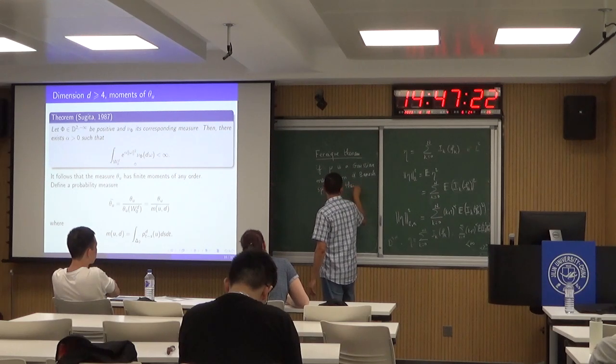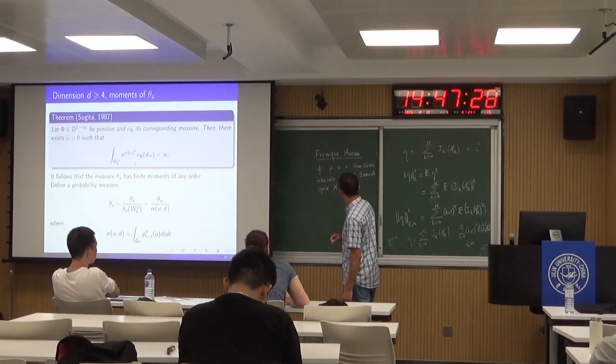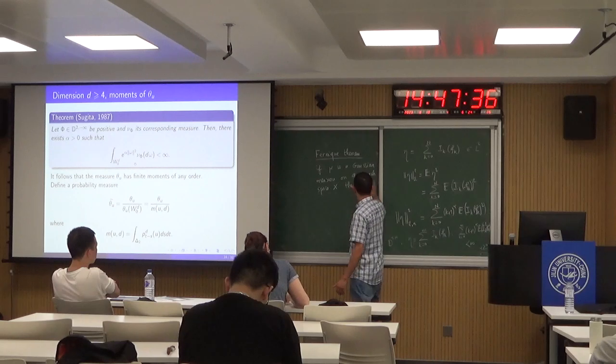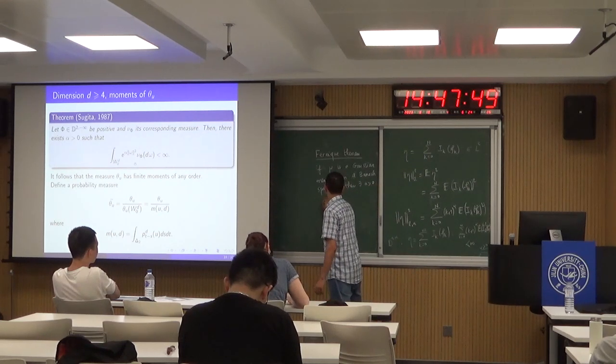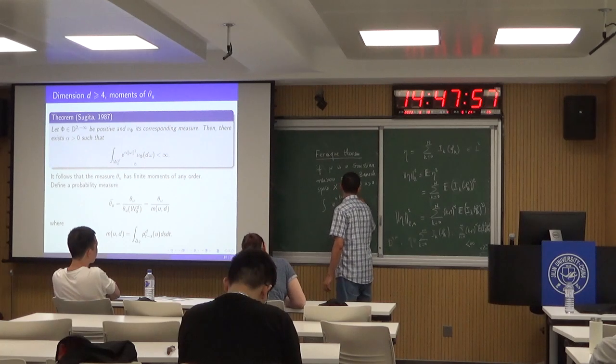For a measure, we need a measurable structure: a Banach space equipped with its Borel sigma-algebra. So if we have such a measure, then we can find a constant alpha such that the integral of exponent alpha times the log of x squared, with respect to mu dx, is finite.